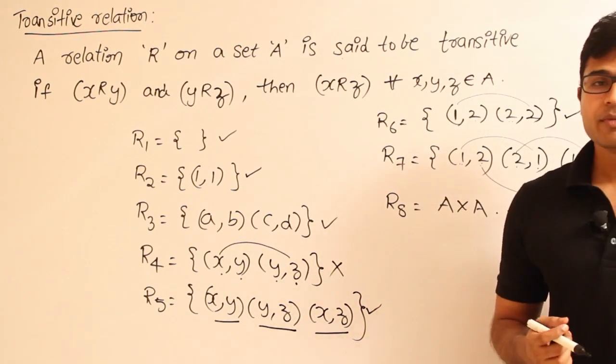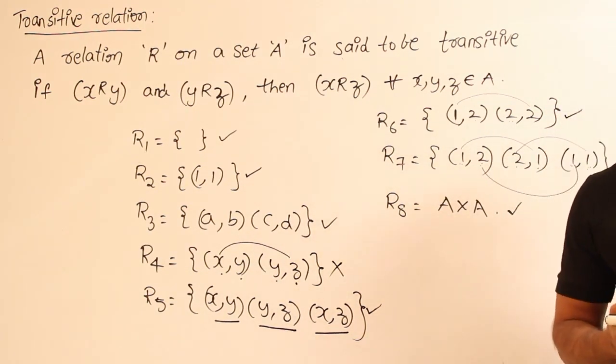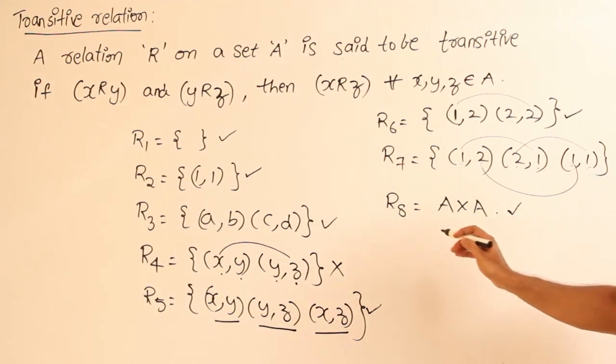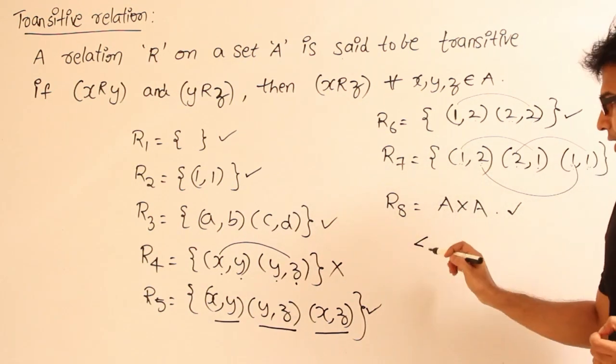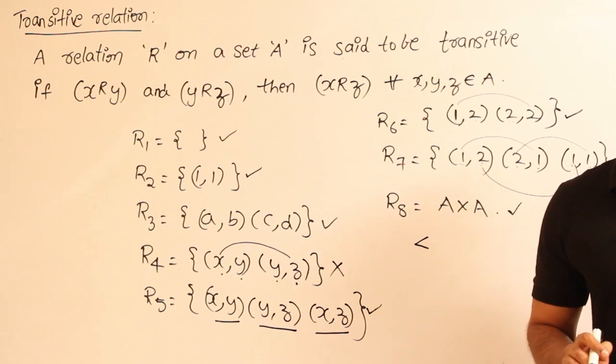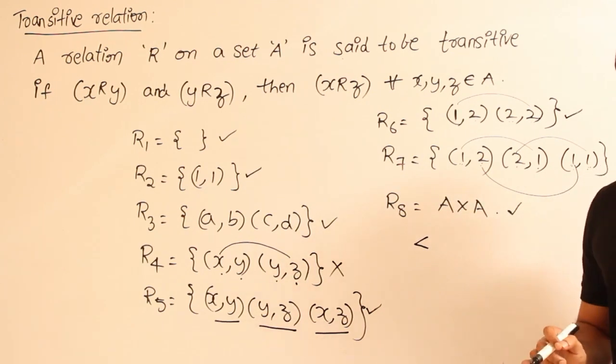But they might ask you for examples. What are the relations that are transitive? For example, if you have the relation less than on the set of all real numbers, then it is transitive. How can we test it? Simple.